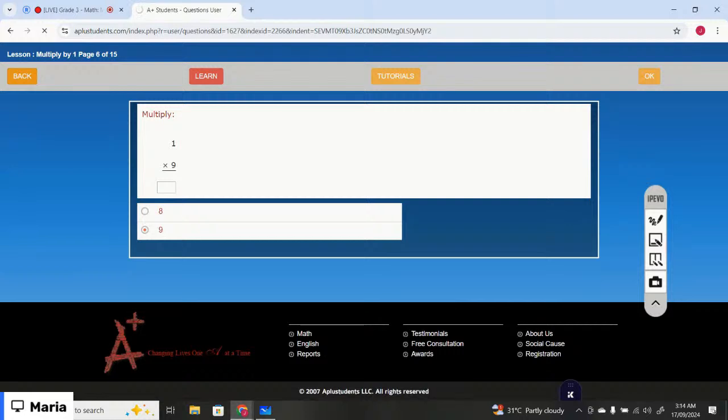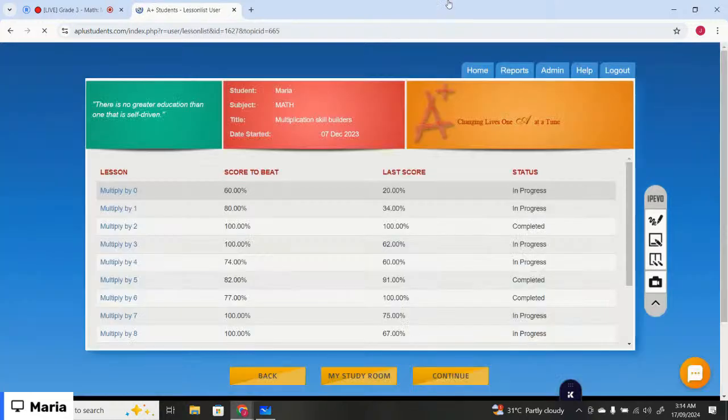The next lesson is multiply by 2. Now we're going to learn how do we multiply the number by 2.